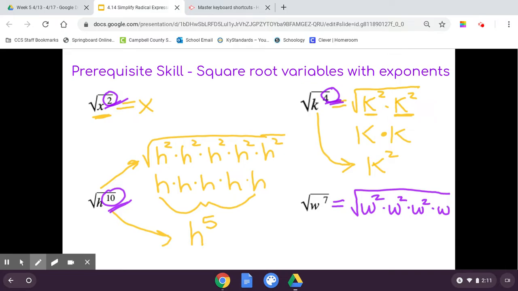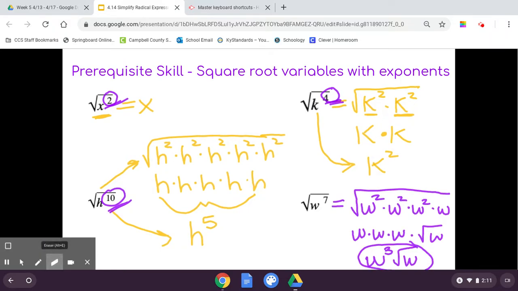So all of these square roots of w squared just give us w times w times w. But then you still have the square root of just w, which stays. So the final answer is w times w times w, which is w to the 3rd, times the square root of w. And that's our final answer for that one.